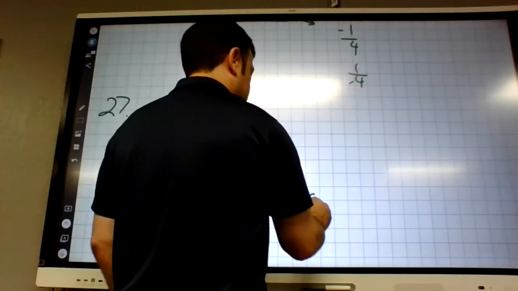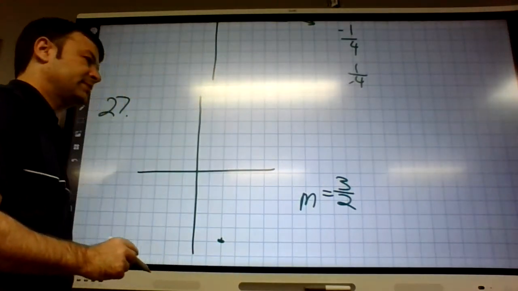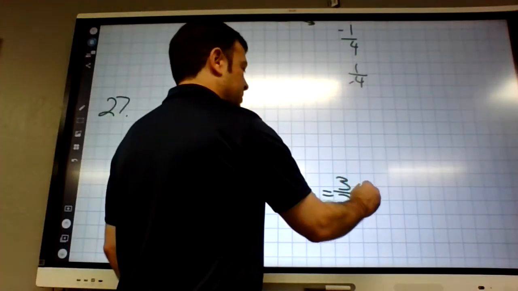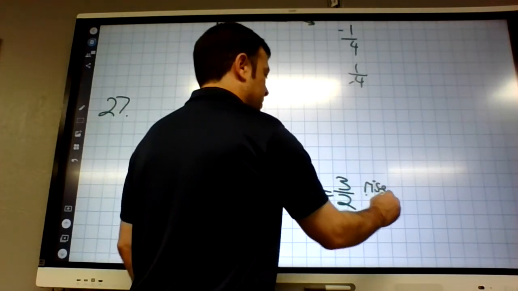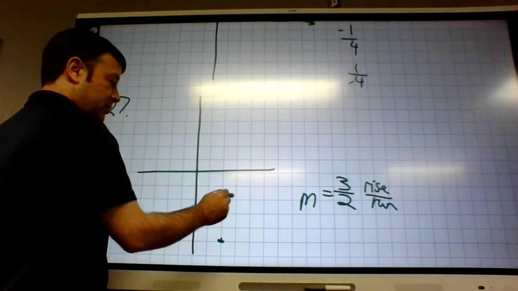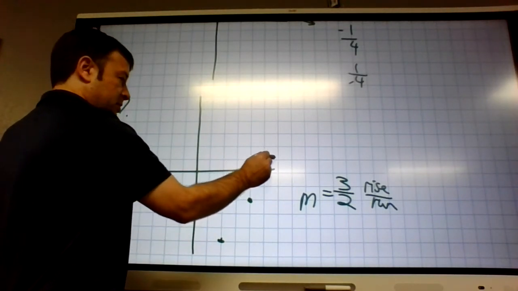And it says the slope is 3/2. What do I do with that? Rise 3 and run 2. 1, 2, 3, 1, 2. 1, 2, 3, 1, 2.